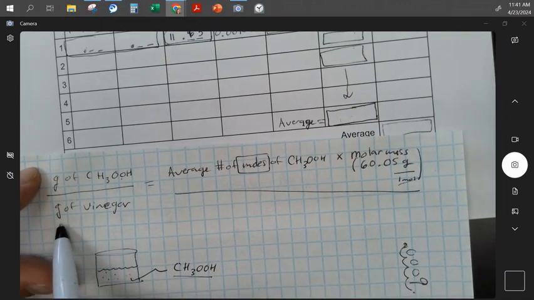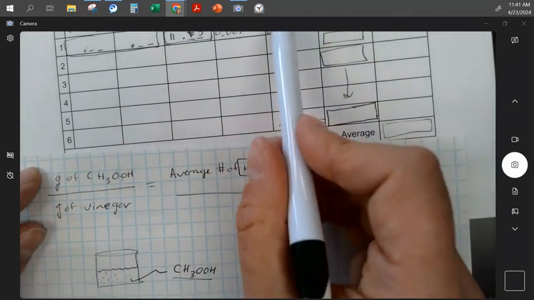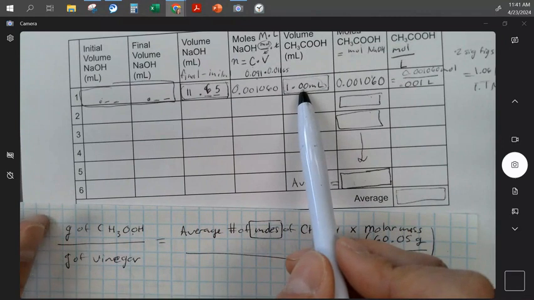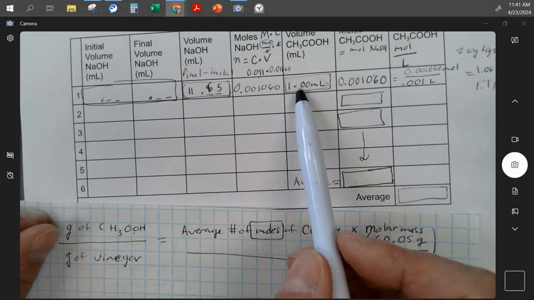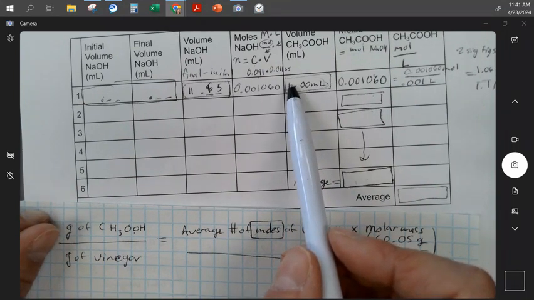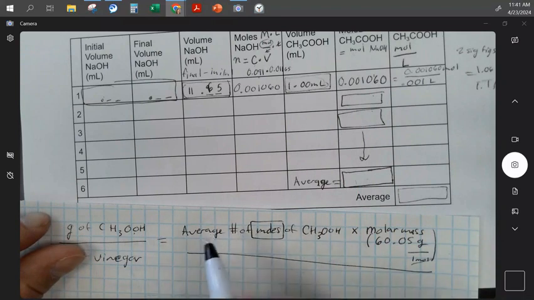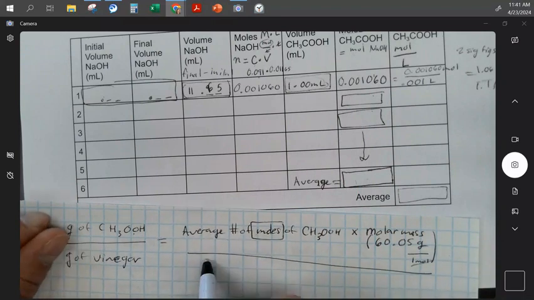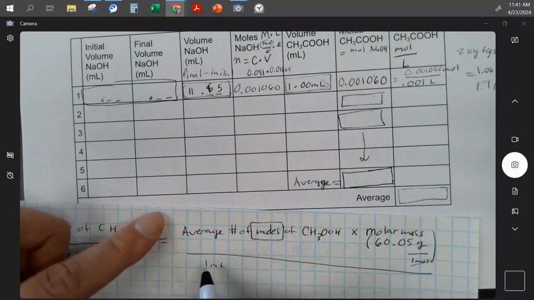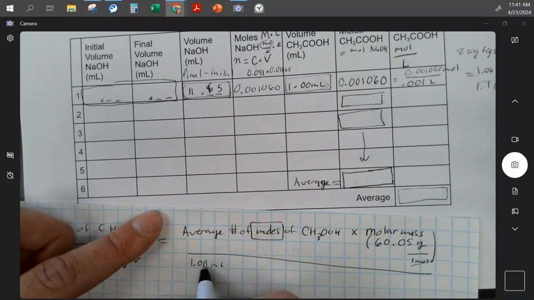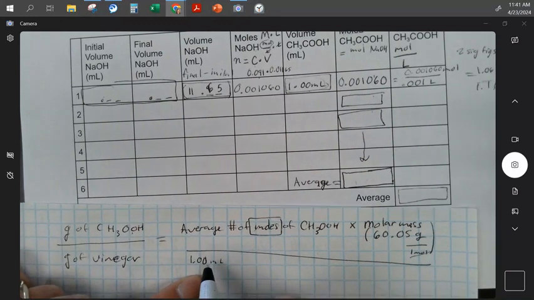All right, the next one is we need to convert. We have a volume of vinegar that we use. I'm using 1 milliliter. We need to find that in grams. So we can use the density to go from volume to mass. So this is what I'm going to do. I'm going to take 1 milliliter of vinegar, 1.00, this is 3 sig figs, times the density of vinegar, which is 1 gram per milliliter.